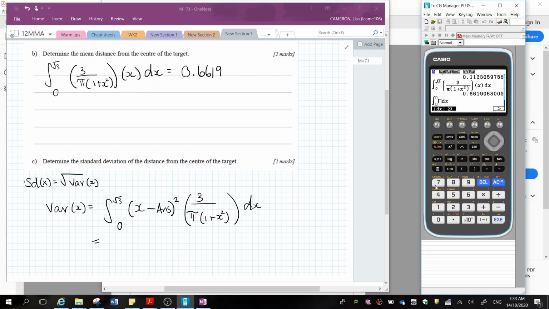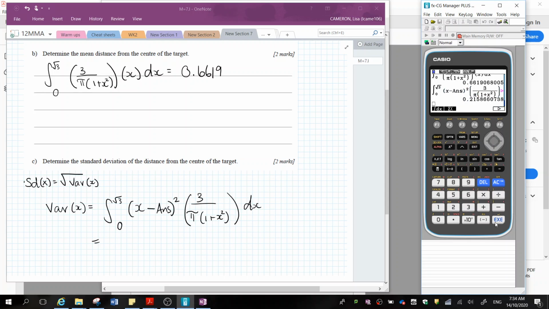Integration of bracket x minus shift, enter, close bracket, squared, bracket, 3 over pi, bracket, 1 plus x squared, close bracket, 0, and root 3.